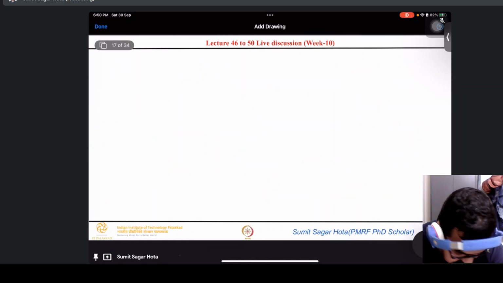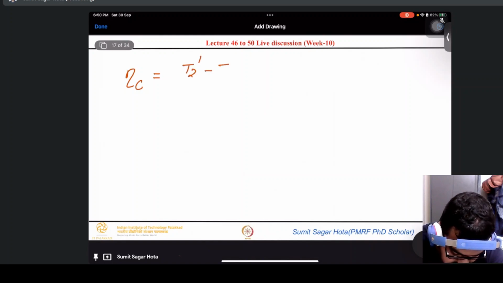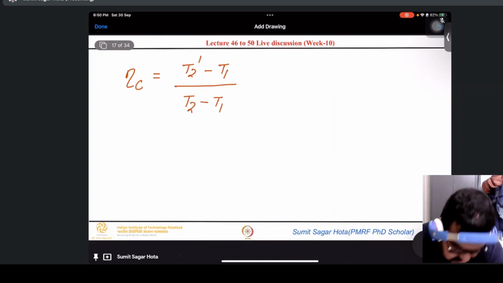Now what is the efficiency of the compressor? Isentropic efficiency is equal to T2 dash minus T1 divided by T2 minus T1.